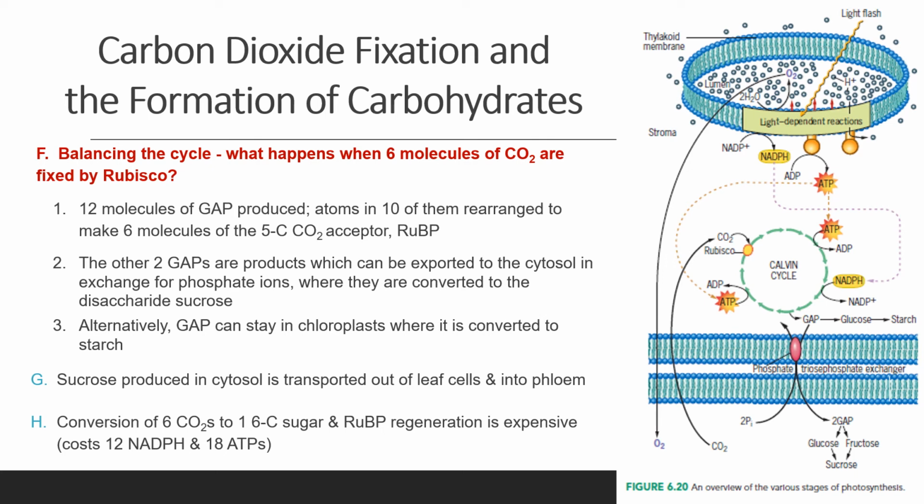And then the conversion of 6 molecules of carbon dioxide to one 6-carbon sugar molecule, and the regeneration of RuBP requires 12 molecules of NADPH and 18 molecules of ATP. So this large energy expenditure reflects the fact that carbon dioxide is the most highly oxidized form in which carbon can occur.